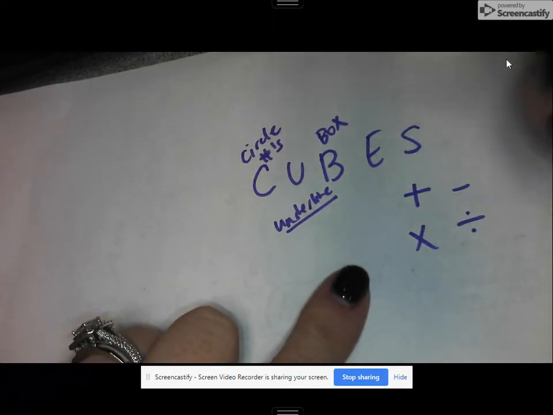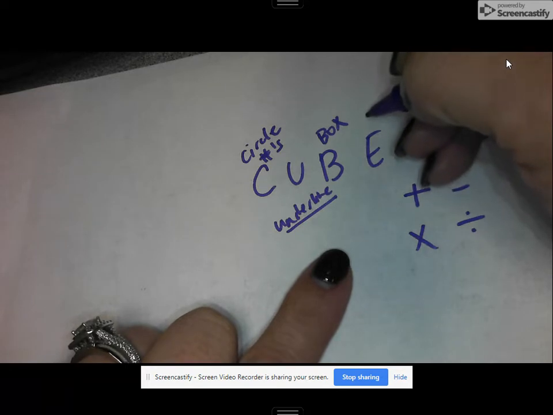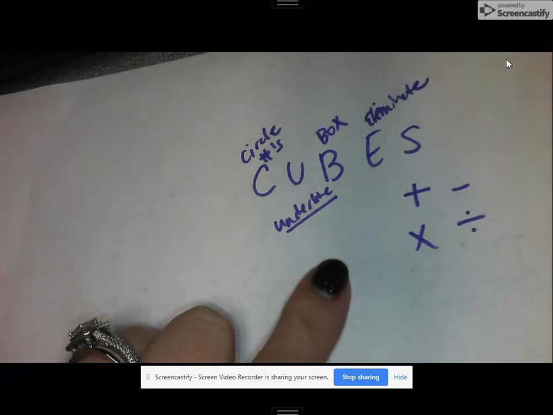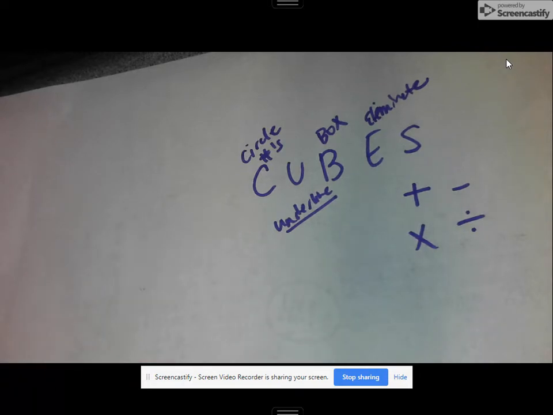E, they need to eliminate any words or extra information that we don't really need to solve the problem. So that would be any kind of fact that isn't needed.